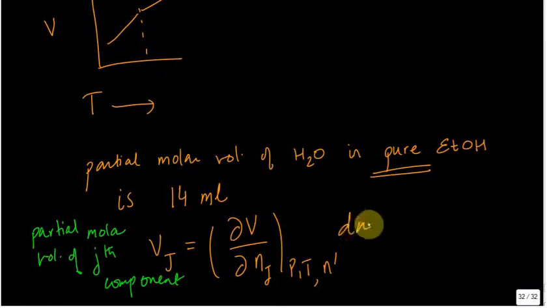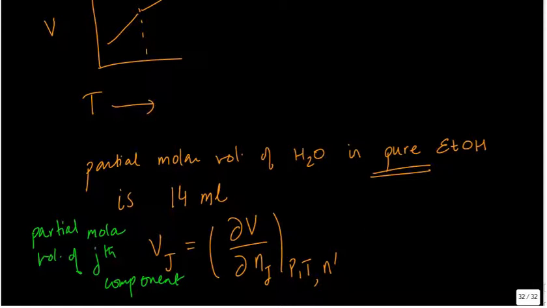I at least have to be dimensionally consistent. No, that would be dV. That would be the change in volume. So let's just leave it. That's just the partial molar volume. Because it's molar volume, I'm still dimensionally consistent.